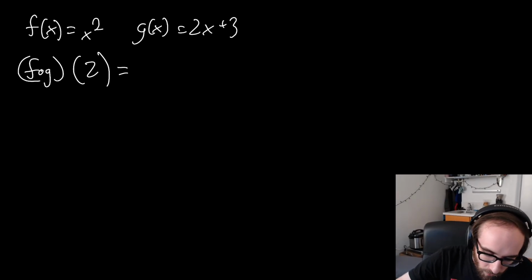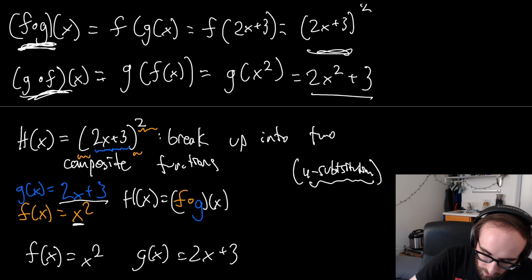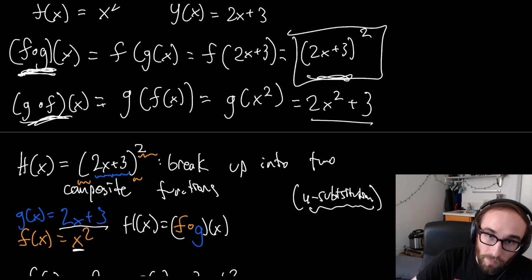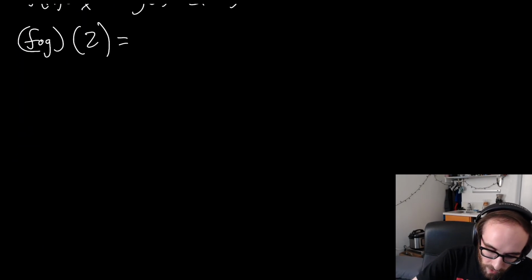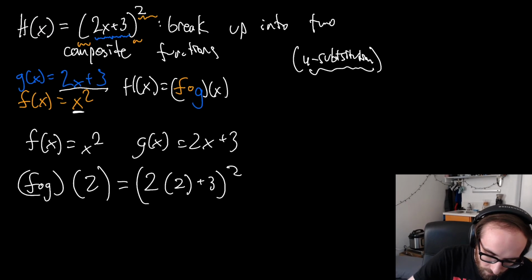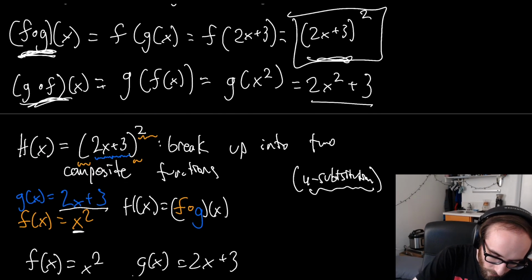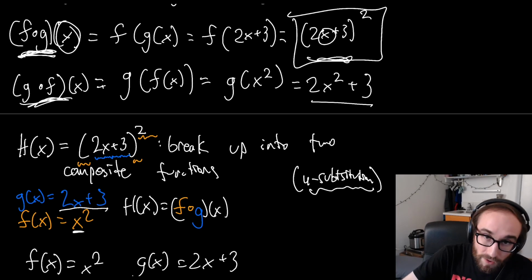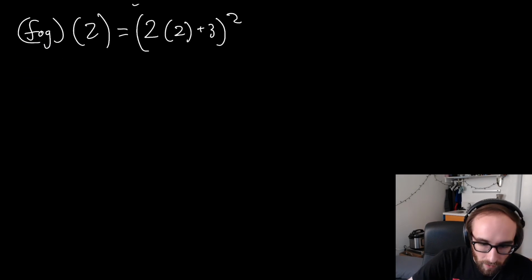We could do this if we already found f composed with g, like we did up here, (2x plus 3) squared. f composed with g of 2 is going to be (2 times 2 plus 3) squared. So we're just plugging 2 into our x over here. And then solve from there.